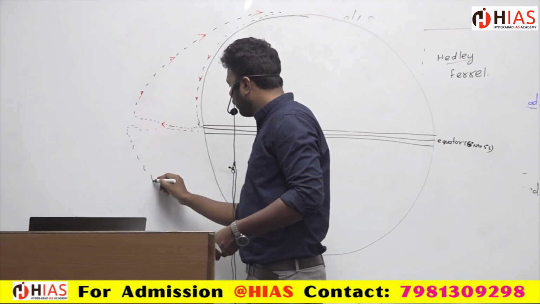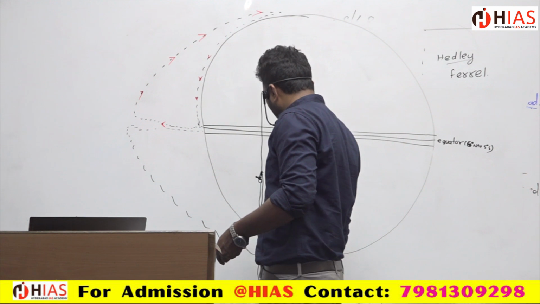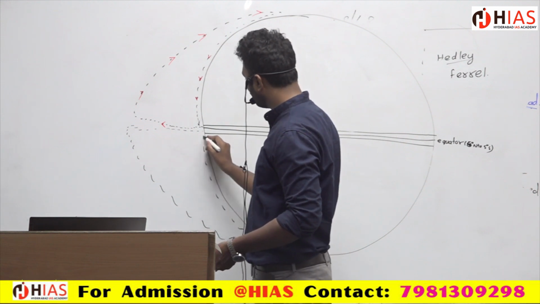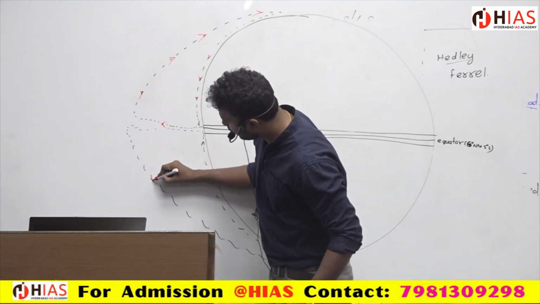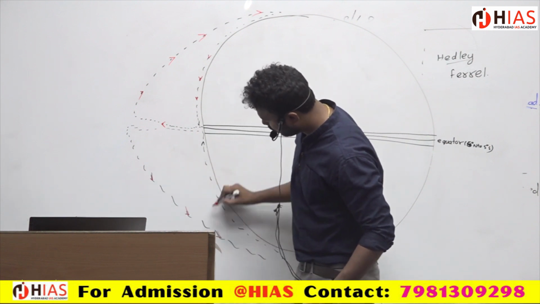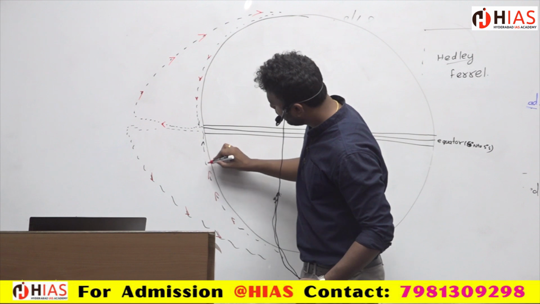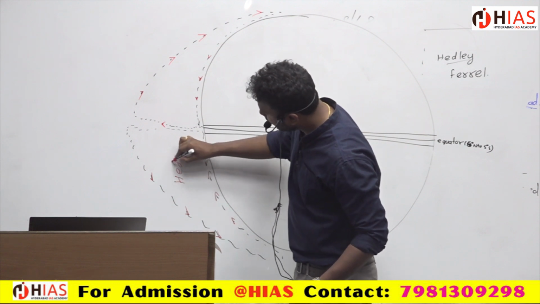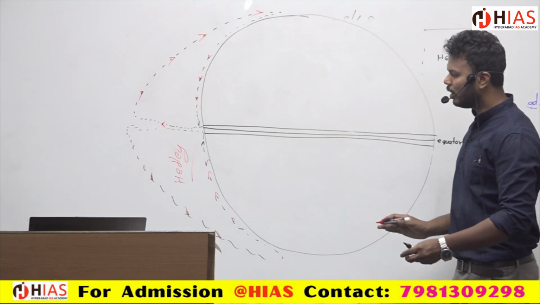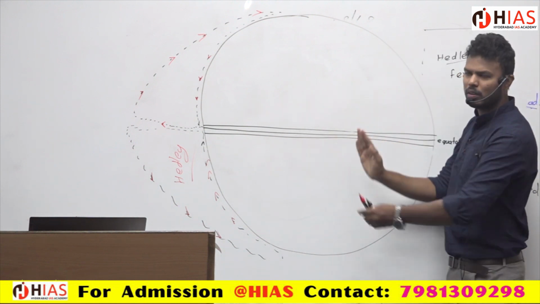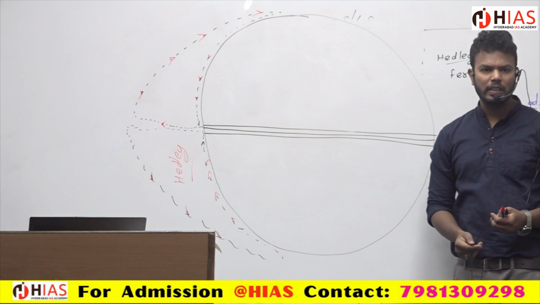After reaching the tropopause, it will go to the poles, and after going to the poles, again it will come to the equator. This is how the wind is traveling. This one is called the Hadley cell. He said that there basically needs to be a balance.